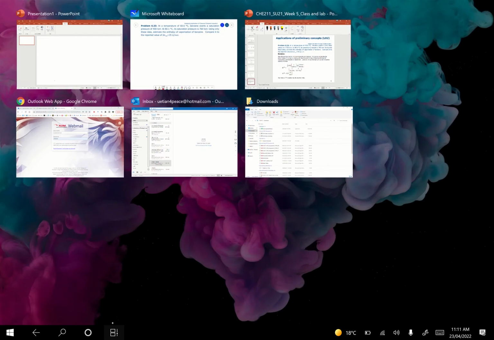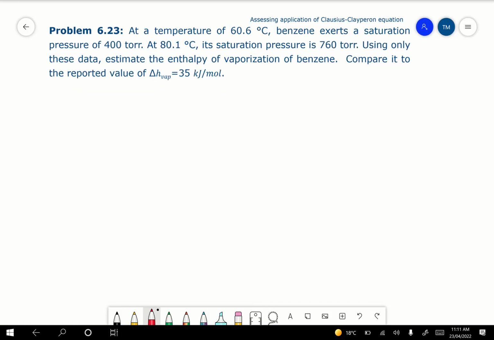Okay, so now we will solve this question, which is about application of the Clausius-Clapeyron equation. The statement is given at a temperature of 60.6 degrees Celsius. So we can write this data here.